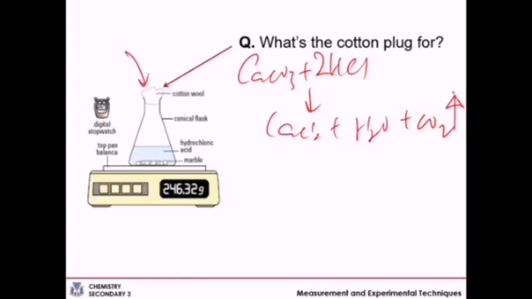If we want to hold this carbon dioxide in the flask, we cover it. Carbon dioxide tries to rise up, so we put cotton plugs on that end of the flask and try our best to hold the carbon dioxide for some time, because we do not want carbon dioxide to leave this mixture.